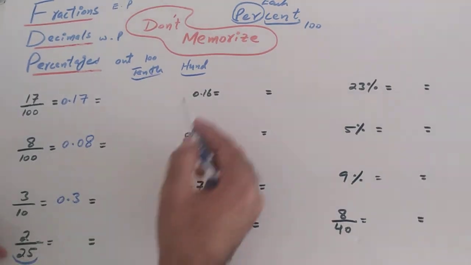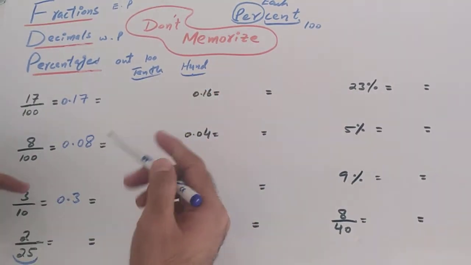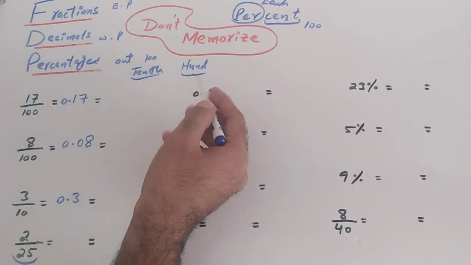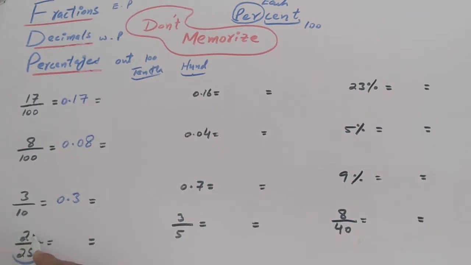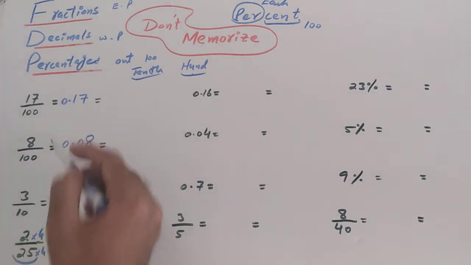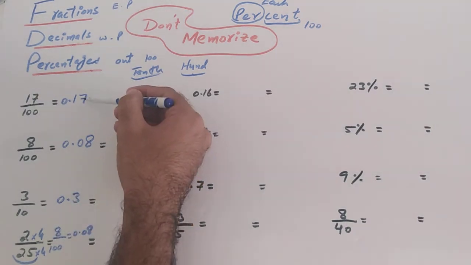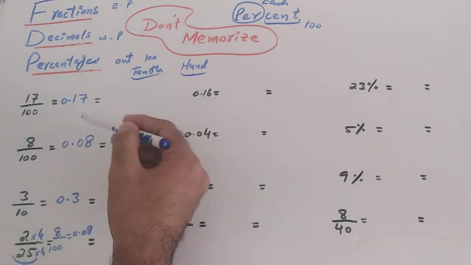But can you change this to hundredths? The multiples of 25 reach 100 at 4 times. So you just have to multiply the top and bottom by 4 to get the equivalent fraction, which is 8 hundredths. That means 8 goes in the hundredths place, so it will be 0.08.